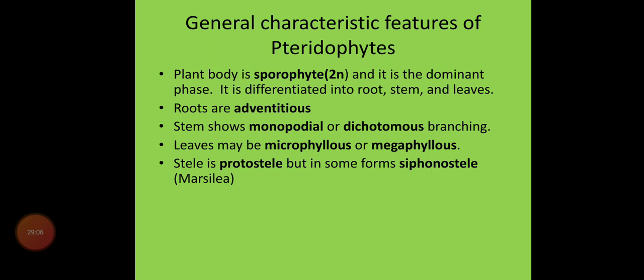And then there's a very new term, stele. Stele originates from the pteridophytes only. Stele is nothing but an arrangement of xylem and phloem, because xylem and phloem are present only from the pteridophytes onwards. After the pteridophytes, the next plants to emerge on earth are gymnosperms and angiosperms.